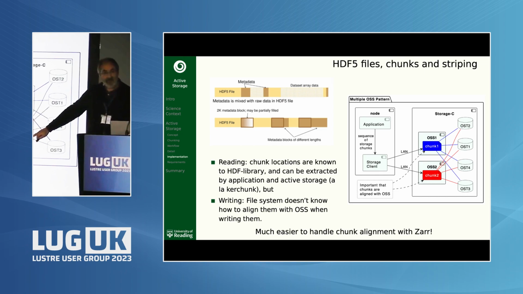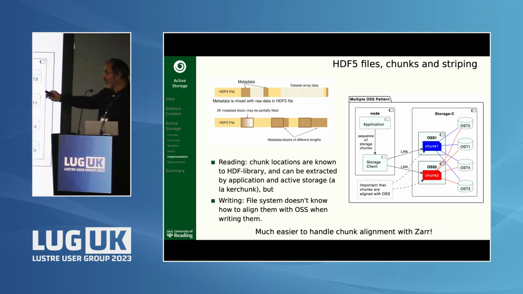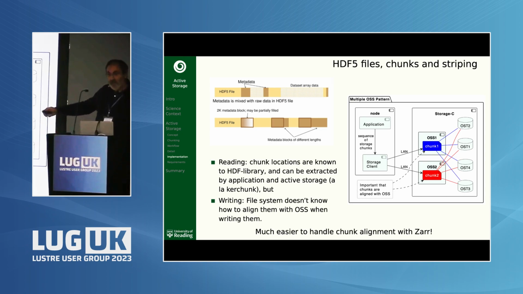Zarr, it's relatively easy because each chunk's a file, so it's very easy to tell the storage system what to do. On the other hand, every chunk's a file, and so you have another order of magnitude or two or three orders of magnitude of files, which is a different class of problem. So there are some problems in the Lustre space, but these are not beyond the wit of the people in this room and elsewhere. So I think we can solve this in Lustre. That's the opportunity, if you like.